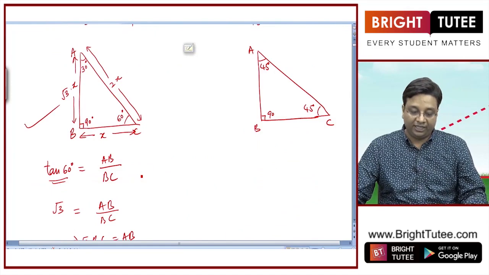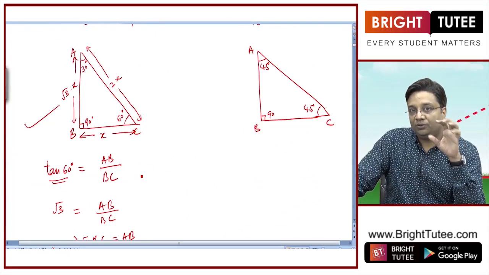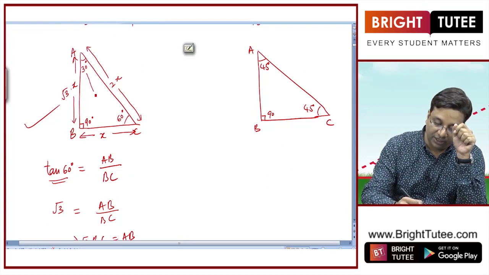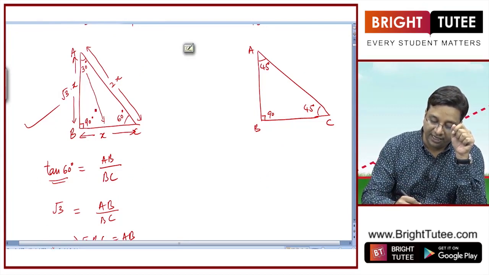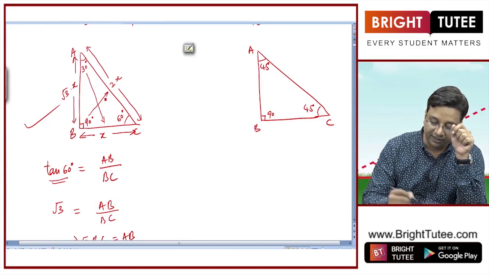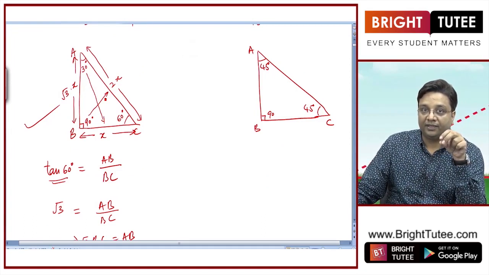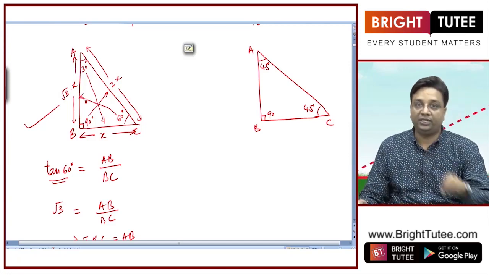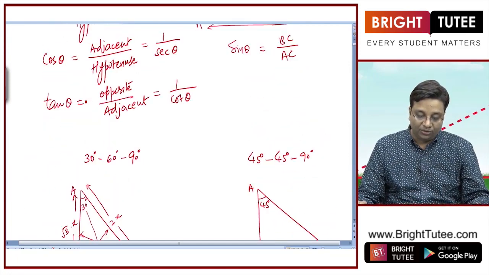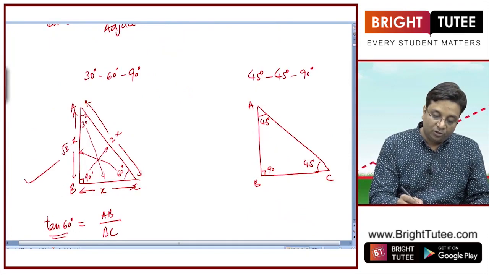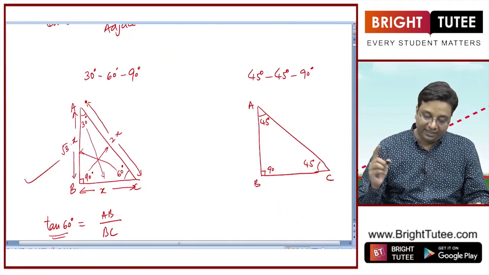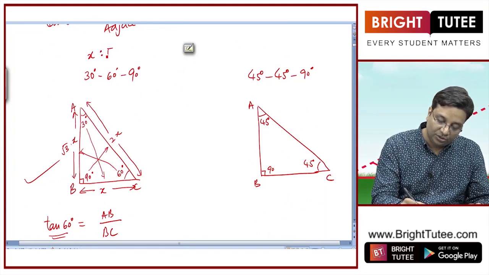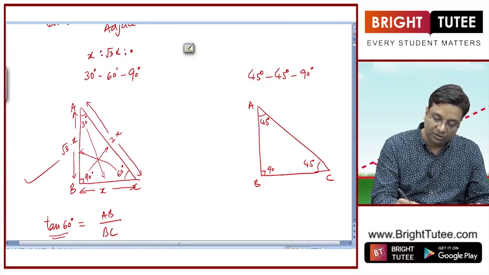Now, what can we say about the ratios of these sides? The side opposite to 30 degrees is x, the side opposite to 90 degrees is double of x, that is 2x, and the side opposite to 60 degrees is root 3 times x. So, the ratio of sides opposite 30 degrees, 60 degrees and 90 degrees is x is to root 3x is to 2x.